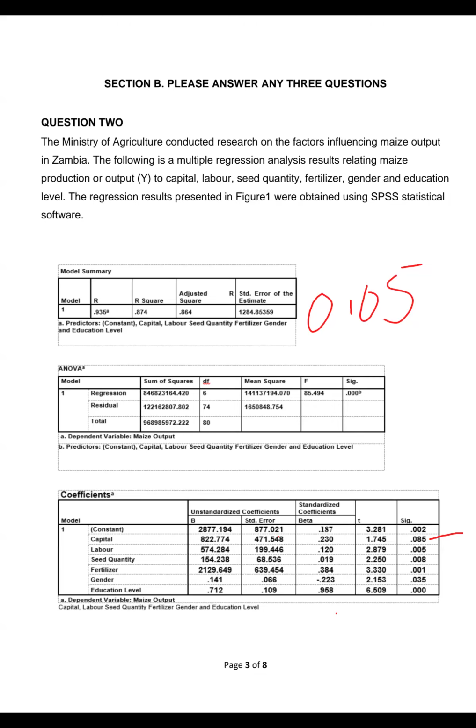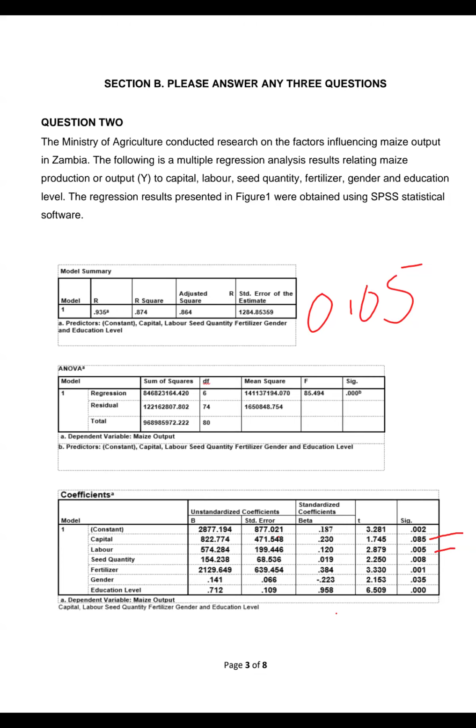You've seen it, right? Then labor. Labor is less than 0.05, so it is significant. Also, seed quantity is significant, fertilizer significant, gender significant. Also, the education level is significant.